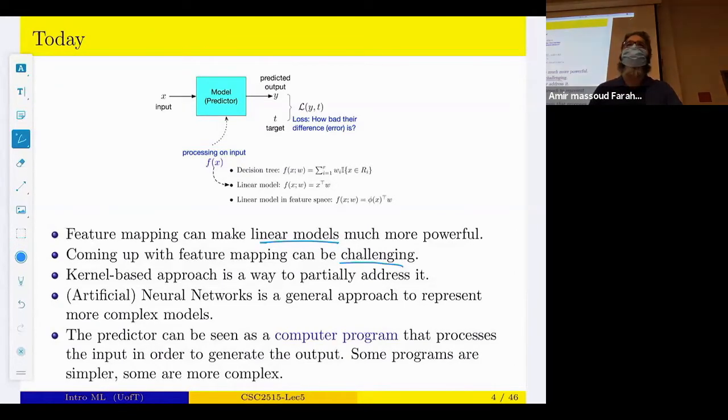So one solution that we talked about was the kernel-based method, which is a way to partially address it. Instead of actually coming up with a feature map, we come up with the inner product in the space of feature maps. And maybe it is easier to specify the inner product than to explicitly write the feature map. So that was a solution that partially addresses this problem.